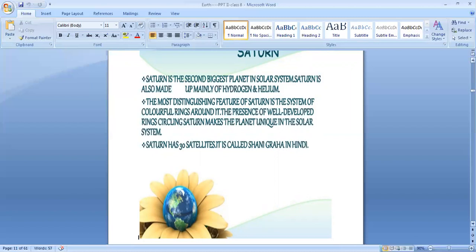The presence of well-developed rings circling Saturn makes the planet unique in the solar system. So Saturn is a little different from other planets. What is the unique thing? They have very colorful rings around it.